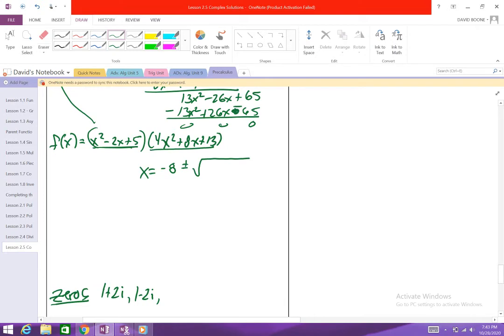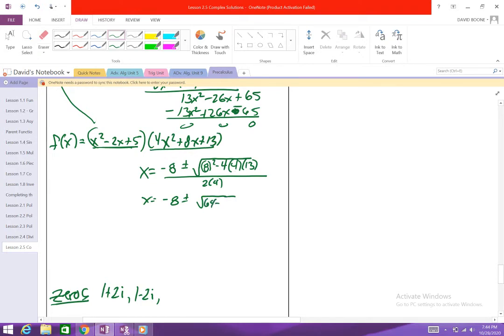So x equals negative b, so negative 8, plus or minus the square root of b squared, so that's 8 squared, minus 4 times a, which is 4, times c, which is 13, all over 2 times a, so 2 times 4.